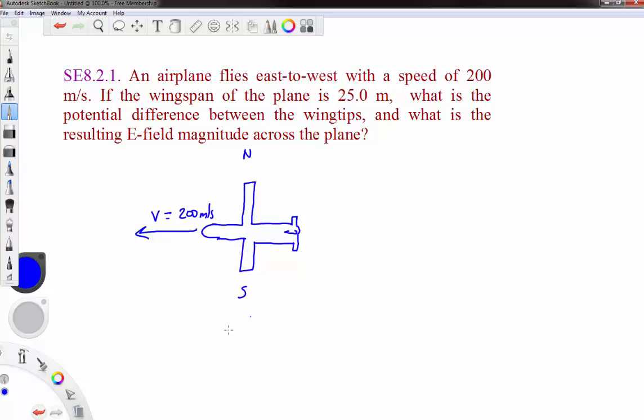So where is the magnetic field here? Well, depending on where you are, the magnetic field, remember that the north pole is actually the magnetic south, and the south pole is magnetic north.